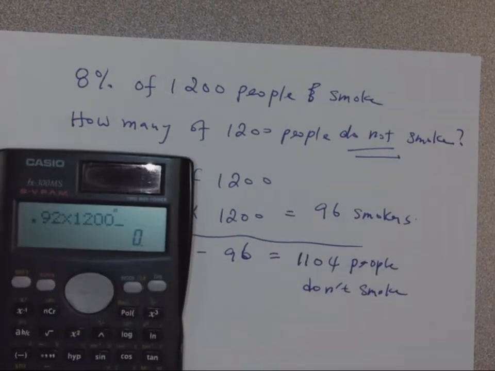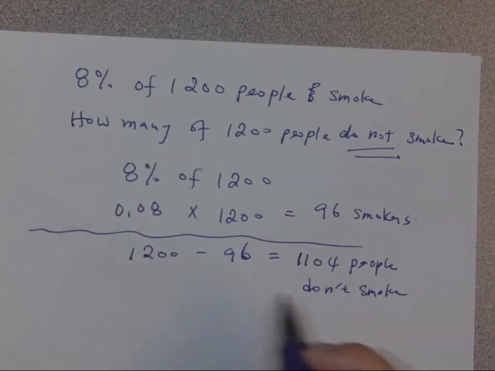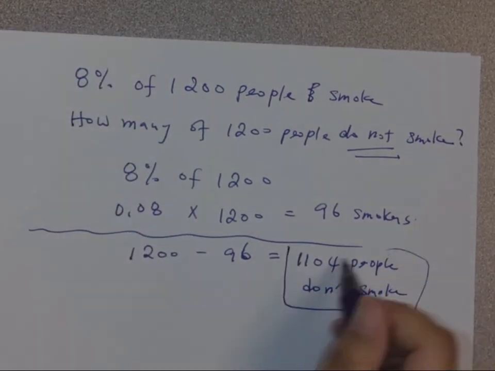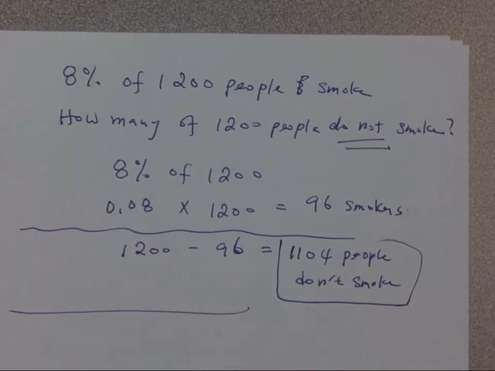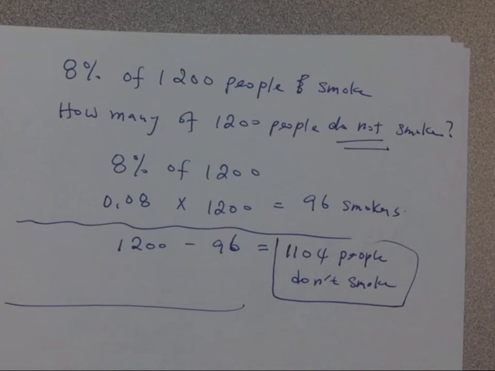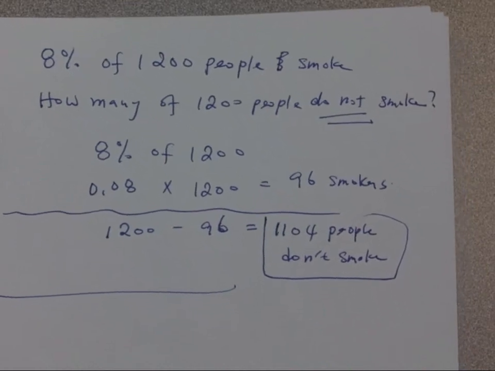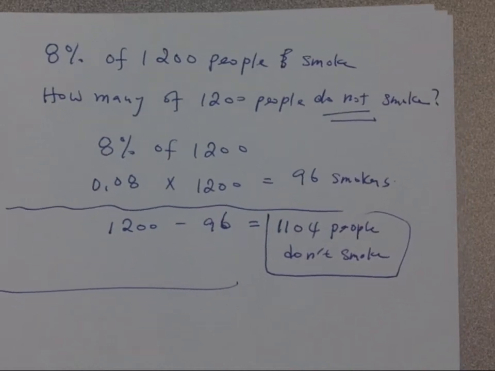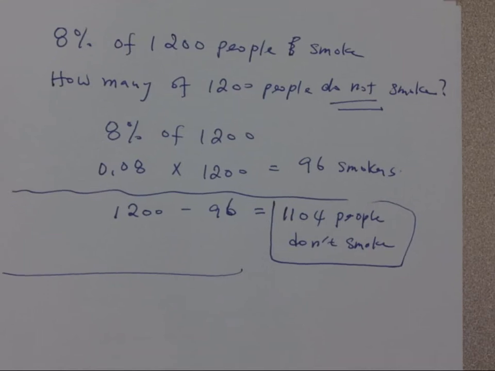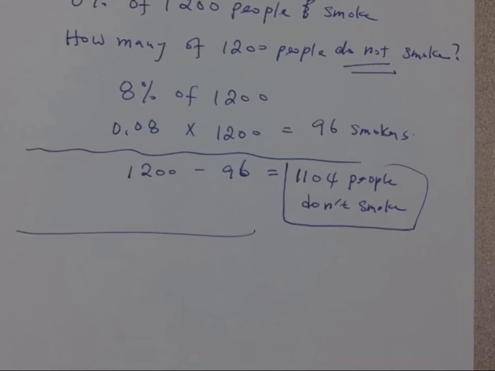I know you cannot see. 1104. So you can check it. Okay. So that would be one step. It would be quicker. Are we okay? Something like that. So read the question carefully. Okay, so the other thing they talk about is the difference between more than and of.